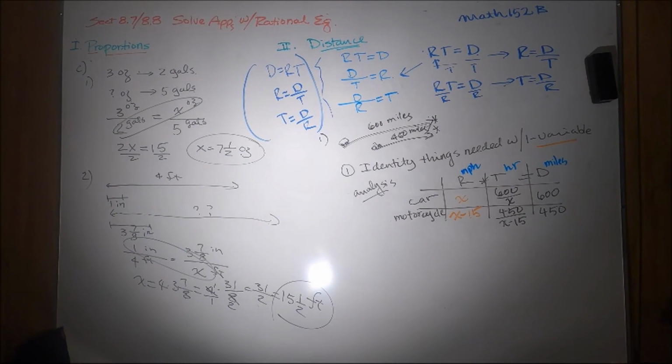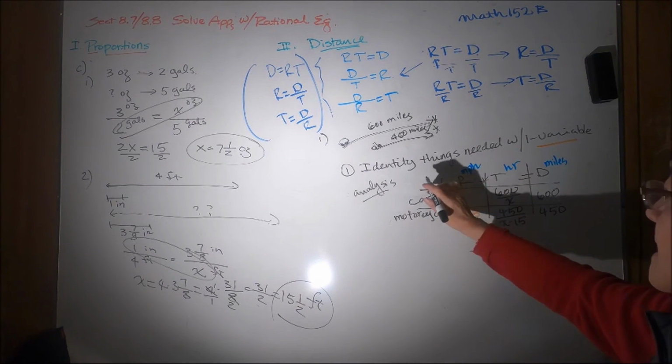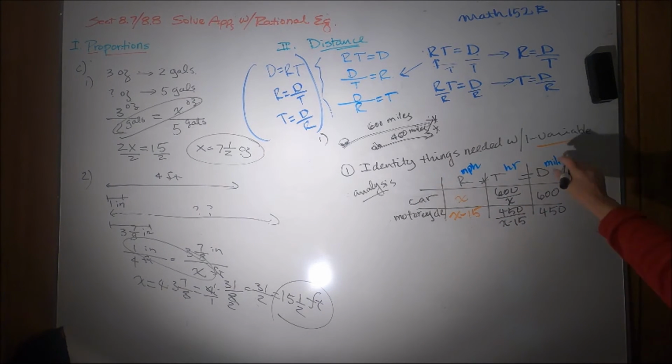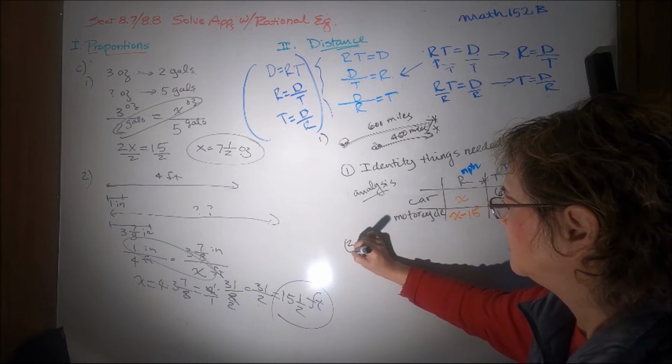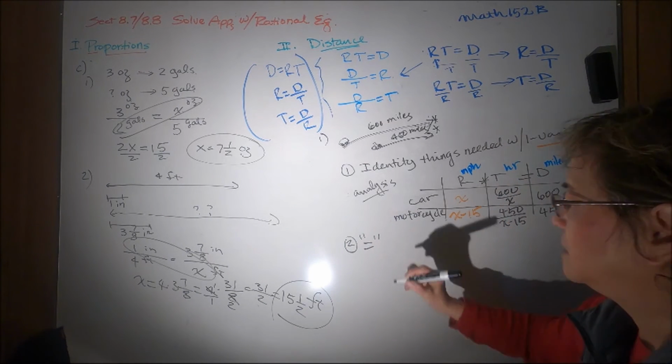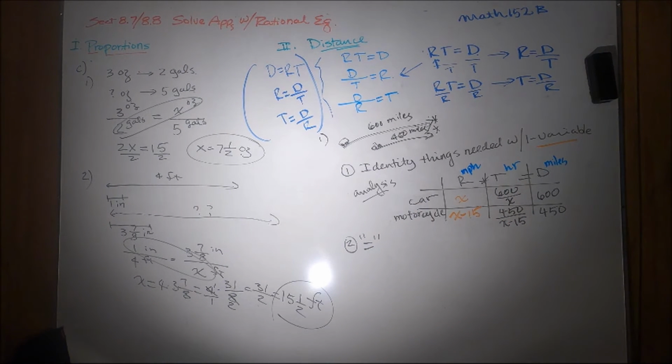Okay? The first step: you identify things needed with just one variable. Then the second step, write the equation. The question tells you something is the same, right? Same time.